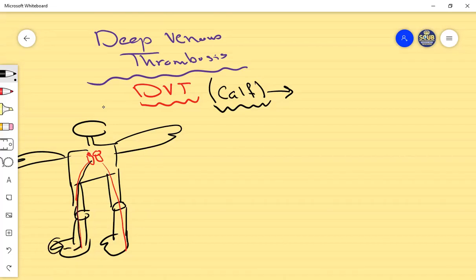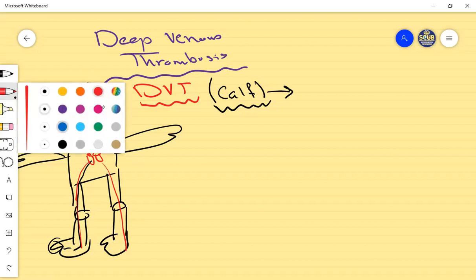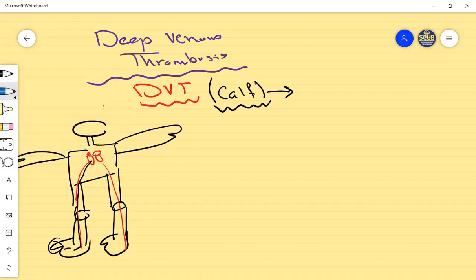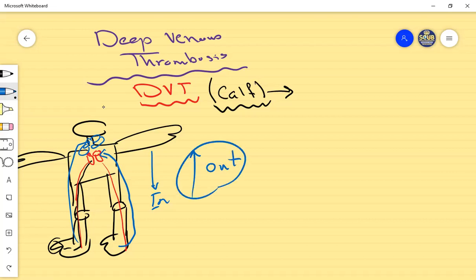Now will it be the end, or where should it be? Will it live forever inside your leg, or will it go somewhere else? It's going to go somewhere else. It goes up. Excellent. Goes back where? To the heart again, right? To the lung and then to the heart. So it is way in and way out.